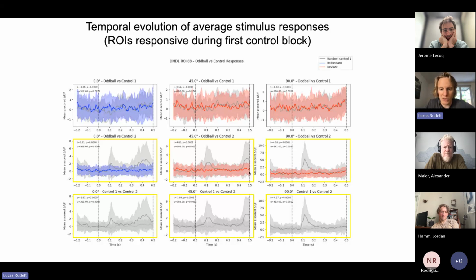So I think that's very interesting. So there's a complex response profile occurring just in the second control. So this is really something that develops during the experiment.